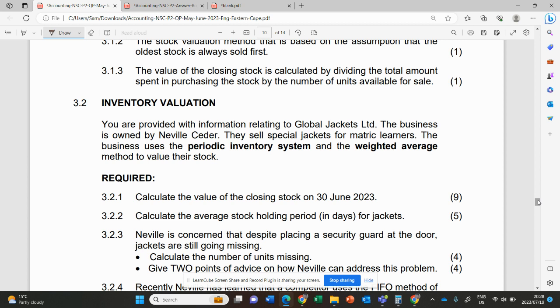Now we need to calculate the weighted average price. Always, that's the first thing, because the first question will be calculating the value of the closing stock. The formula to calculate the value of the closing stock using the weighted average method will be the weighted average price multiplied by the closing units.